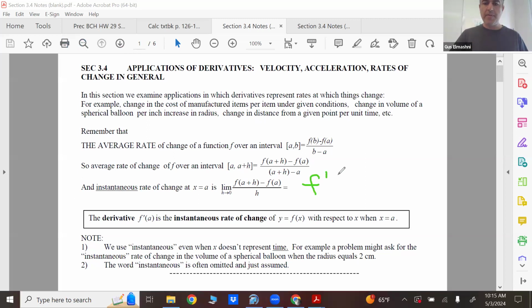Realistically, why would we not do f of A plus H minus f of A minus H? Weren't we doing points that are equal distance from the point we're trying to see? So why would we do A minus H? Well, I don't understand your question.